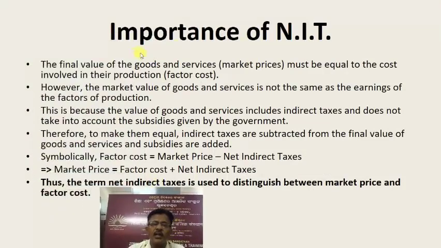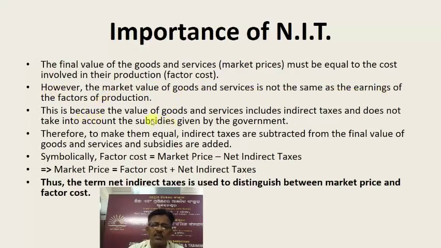Then you can understand the importance of NIT, that is net indirect taxes. The final value of goods and services, that is market prices, must be equal to the cost involved in their production, that is factor cost. However, the market value of goods and services is not the same as the earnings of the factors of production.